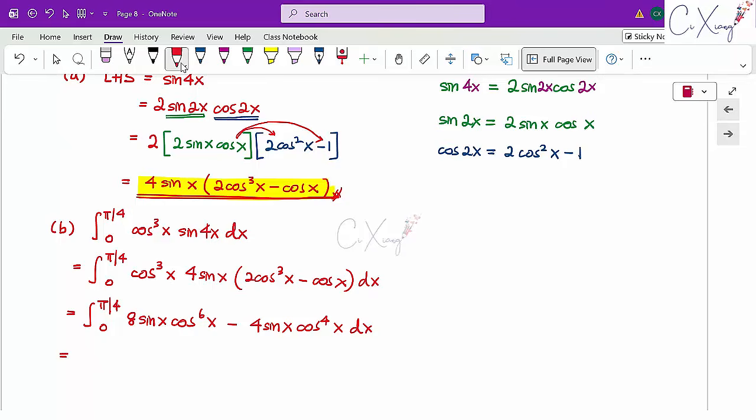Next we need to learn how to integrate this particular part here. Basically this integration needs a special technique, which is very similar to integration by substitution. How can we know what substitution we need to use? There's a small technique: observe the question and see the relationship between the sine and the cos.